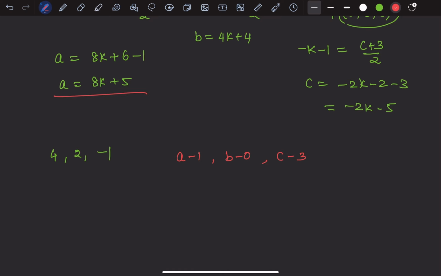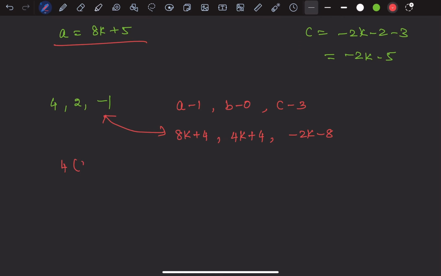So now we have a is equal to 8k plus 5. So a minus 1 will be 8k plus 4. Alright. So b minus 0 will be simply 4k plus 4 and c minus 3 will be minus 2k minus 8. So these two lines are perpendicular.